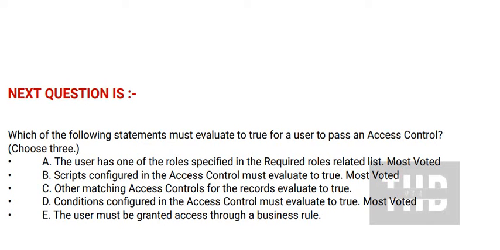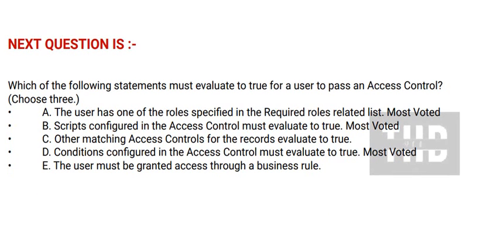Option C, other matching access controls for the records evaluate to true. Option D, conditions configured in the access control must evaluate to true. And option E, the user must be granted access through a business rule. And the correct answer is option A.